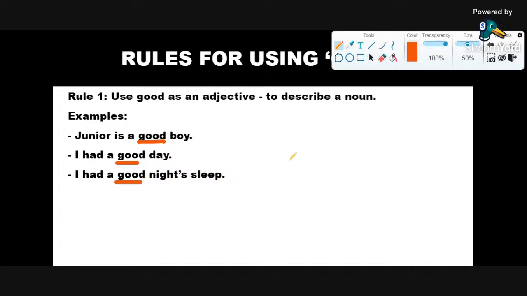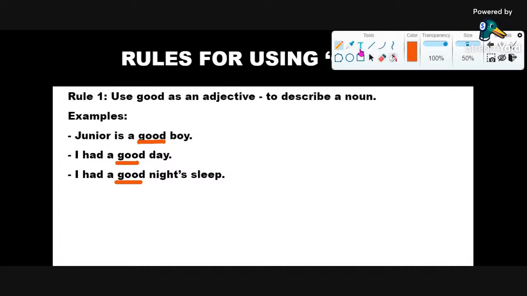So this is how you can use the word good. Use it as an adjective when you are describing someone or something. You know, a good house, a good car, a good day, anything you can describe as good. Okay?